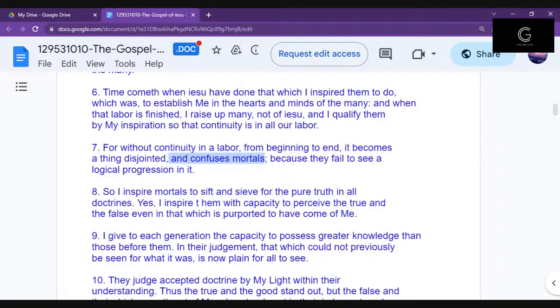We ain't confused over here, because they fail to see a logical progression in it. It's true. So I inspire mortals to sift and sieve for the pure truth in what? All doctrines. All doctrines.